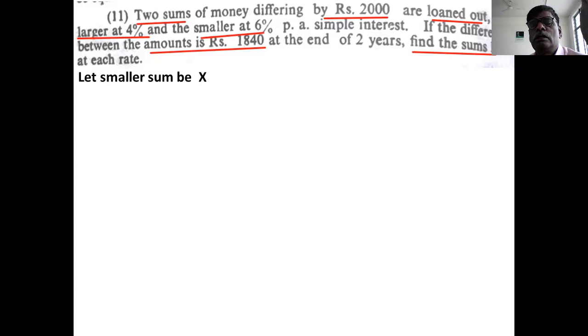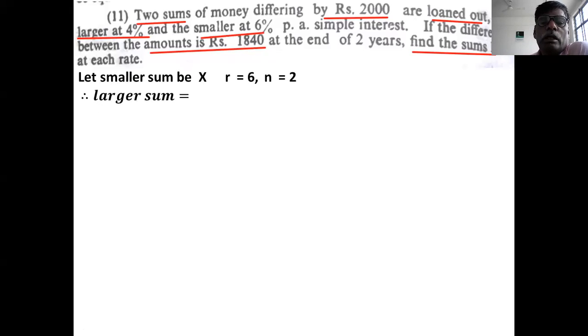Then the larger sum is equal to the smaller sum plus 2000. The rate of interest on the smaller sum is 6%, and the period is 2 years, so n is 2 years.